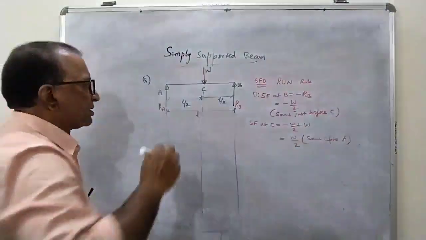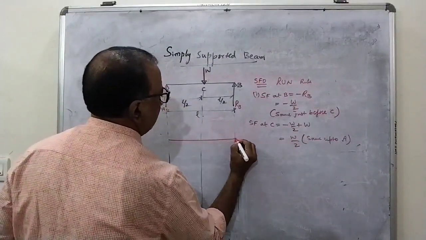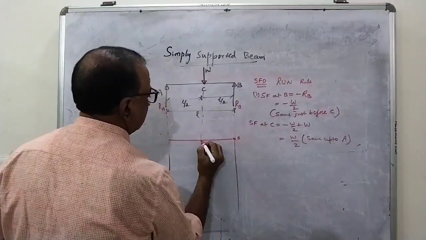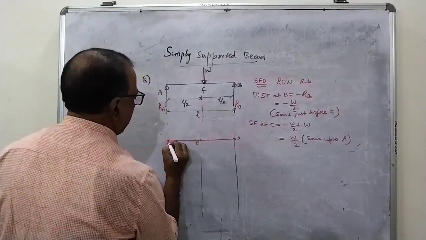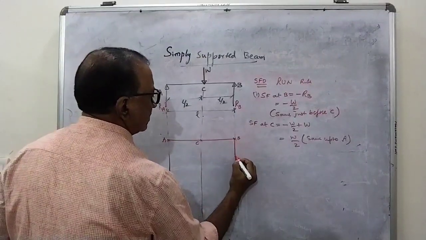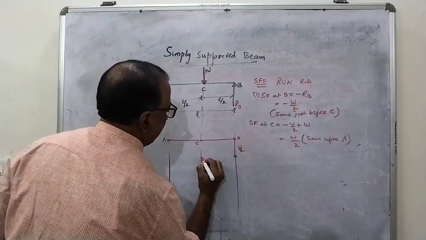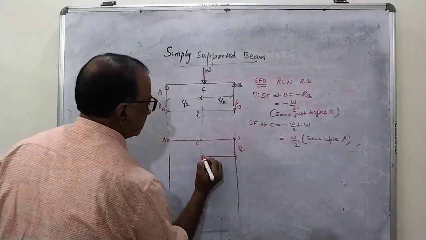So based on this, if you draw the diagram, this is the reference line, this is the B point, this is the C point, and this is the A point. At B, it is minus W by 2. It remains constant up to this point.